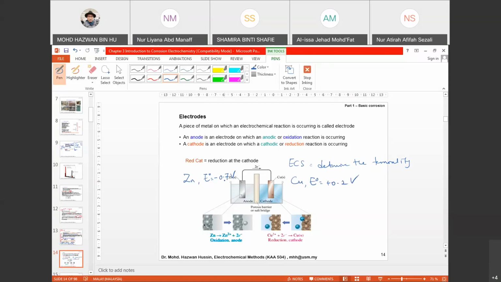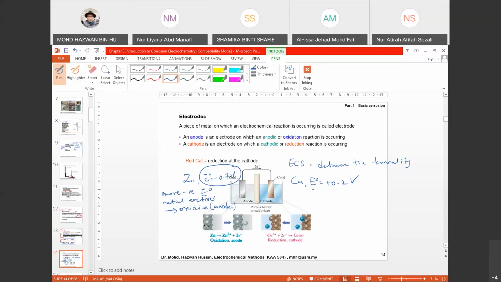Of course, this one will be anode. The reason why zinc will be anode is because the value of standard potential is more negative. When you have a more negative potential, this means that the metal is more reactive. And when it becomes more reactive, this tells you that it can easily oxidize, and this will form the anode.